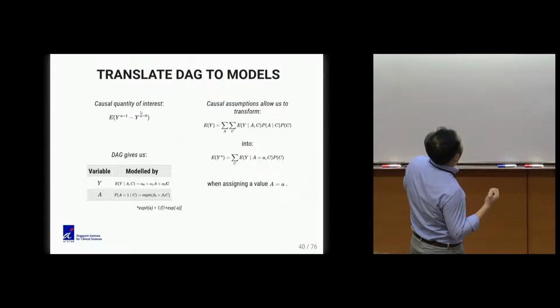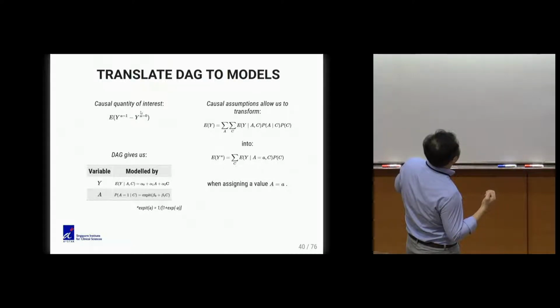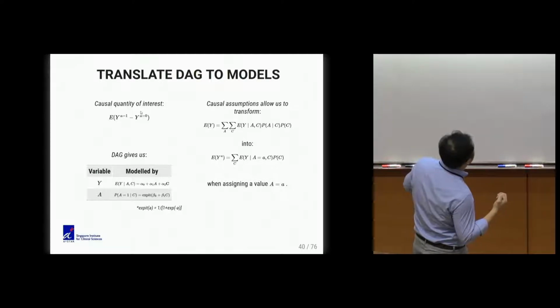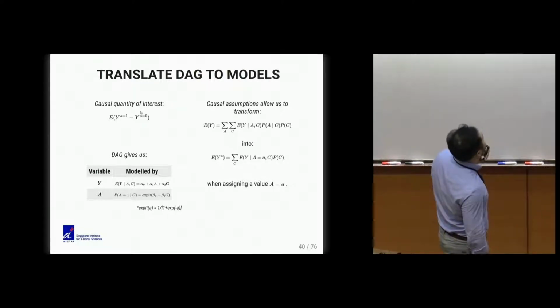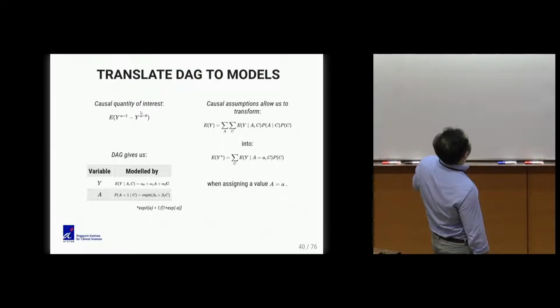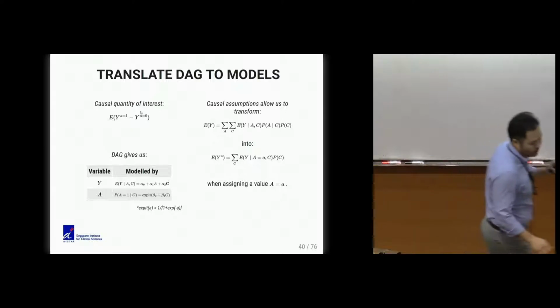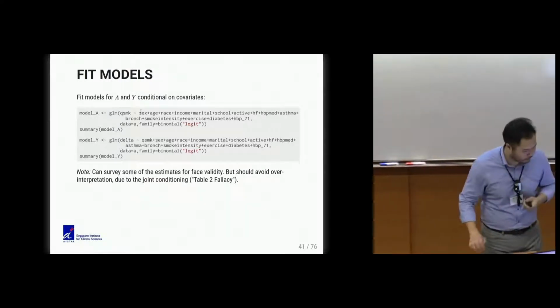And we do that by saying that knowing C, we're able to set A and observe directly what the potential outcome given A is when setting A to that value. And so we can use that to estimate given C what this is, so plugging 1 here, and then what this is, plugging 0 here. So that's what we'll try to do.